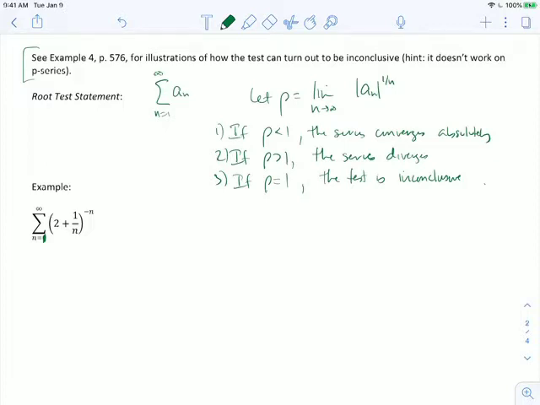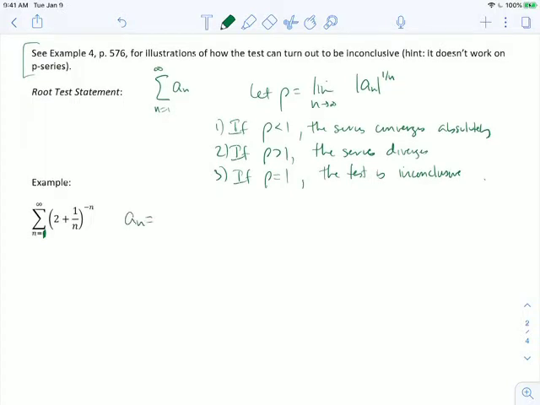That's what we've got in the example we're working with here: the summation n equals 1 to infinity of the quantity 2 plus 1 over n, to the minus nth power. Our general term is that expression. So rho is going to be the limit as n goes to infinity of the absolute value, which is redundant in this case because the expression inside is always positive, of 2 plus 1 over n to the minus nth power, all raised to the 1 over nth power.